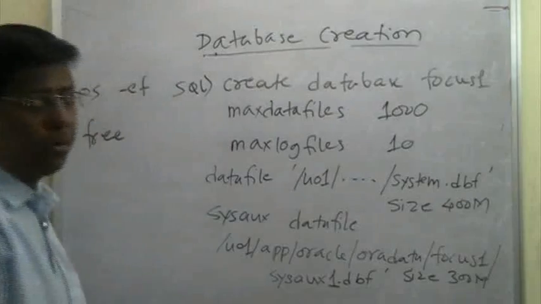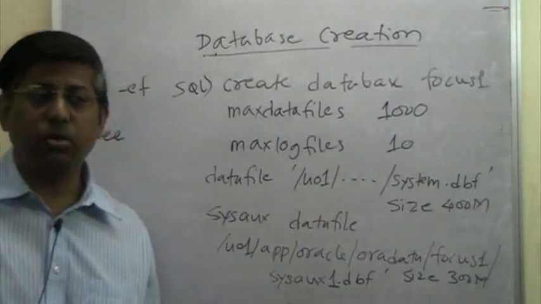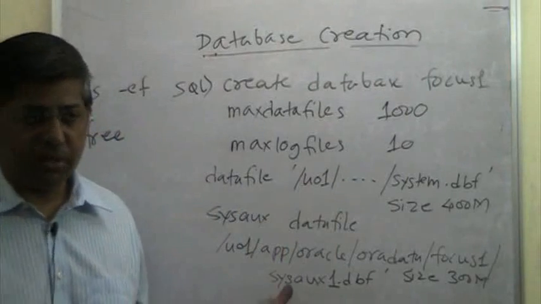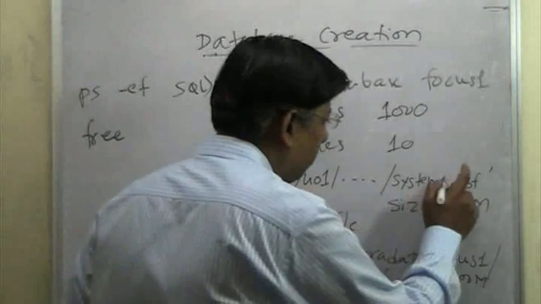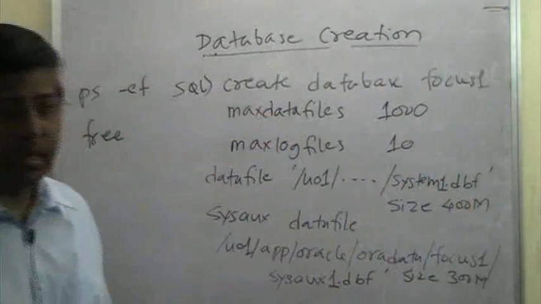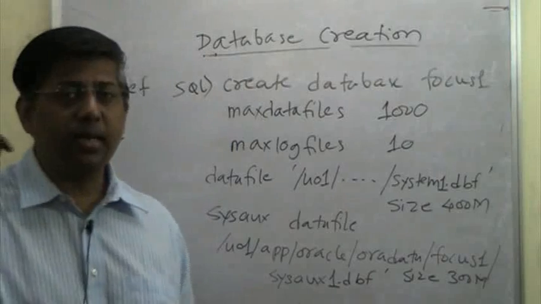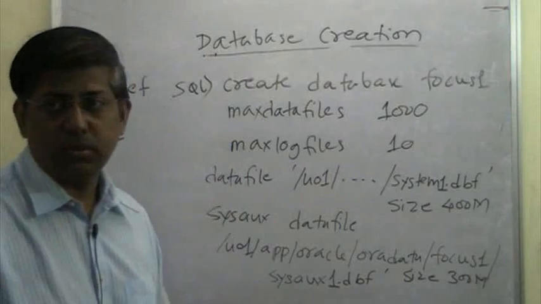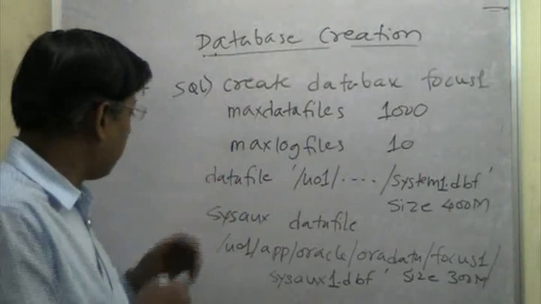Later on, if I want to add one more data file to the sysaux tablespace, I will call that sysaux2.dbf. It is a good naming convention. So I can do the same thing over here, system1.dbf, and the next file that I may add a little later, if the size of the system tablespace has to be increased, at that time I will call it system2.dbf.